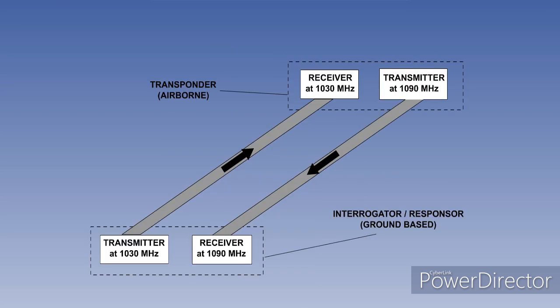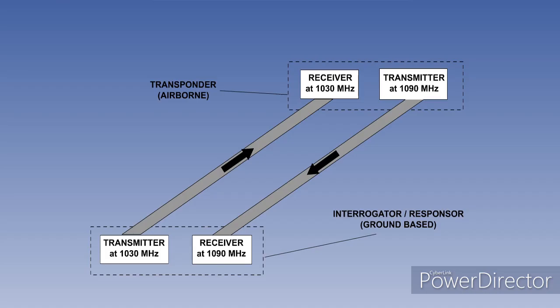The ground-based interrogator transmits on 1030 and receives on 1090 MHz. The airborne transponder does the reverse. After a 50 microsecond delay to allow for signal processing, it transmits on 1090 and receives on 1030 MHz.